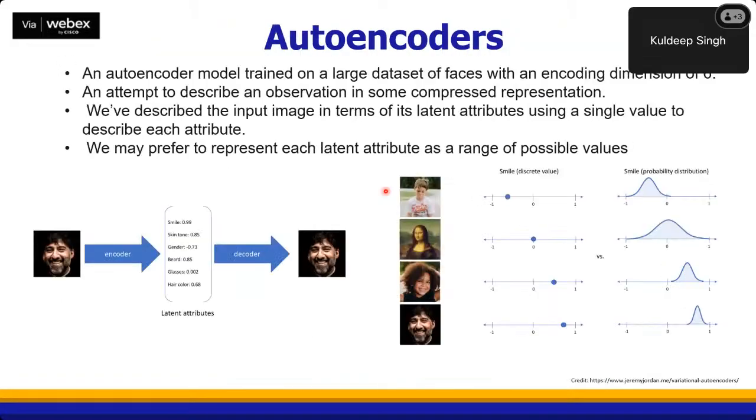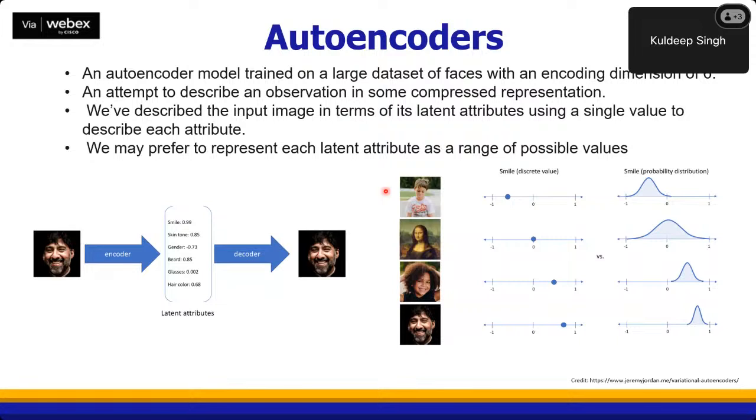Let me give you a brief overview of this, and I'll explain it graphically. Let's say an autoencoder model is trained on a large data set of faces. Suppose the encoding dimension, the feature dimension, the latent space dimension, is 6. I'm developing a model for reading this face, and this facial image is encoded in latent attributes of dimension 6.